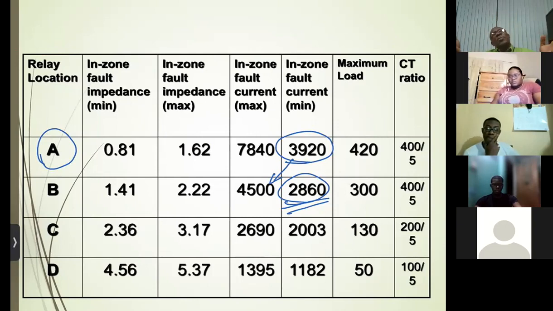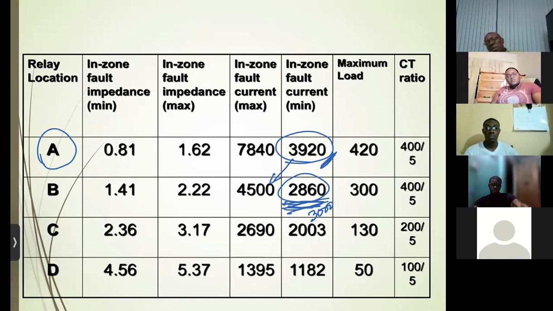So if I had put it at 3920, B could have been experiencing a fault at 2860, or 3000, for example. Question, wouldn't that 3000 amperes be passing through A? Yes, sir. But A's minimum fault is 3920. So it wouldn't have been providing much help to B, because it hasn't even seen its minimum fault yet.